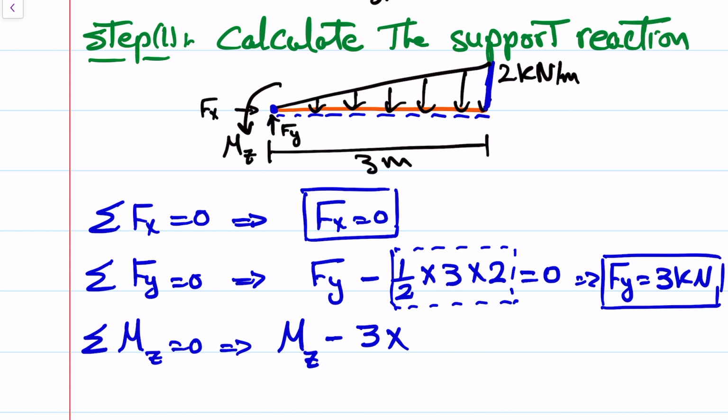So the distributed load is a triangular shape. The centroid of a triangle is right here. This distance is 1/3 times the base length, which is 3. So it is 1.